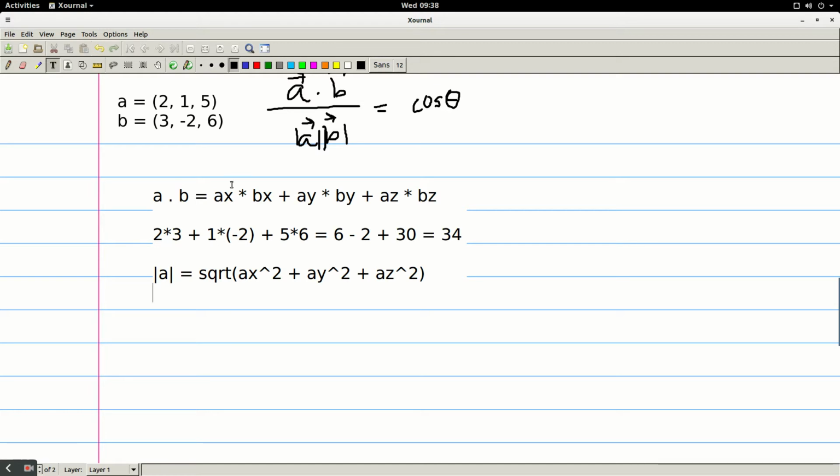So for this particular vector 2, 1, 5, what is it going to be? Square root of how much? 2 square, which is 4, plus 1 square plus 5 square, which is a square root of 30. Okay. What about B?